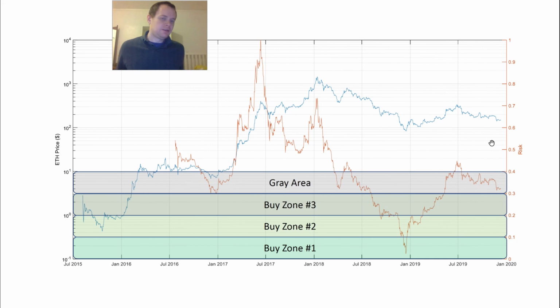Personally, I don't think we're on a 4-year cycle. I would love it if we are, because then we can sell sooner, but I don't think that's the case. I think likely the next bull market isn't until at least 2022. So just keep that in mind. Just be patient and wait.